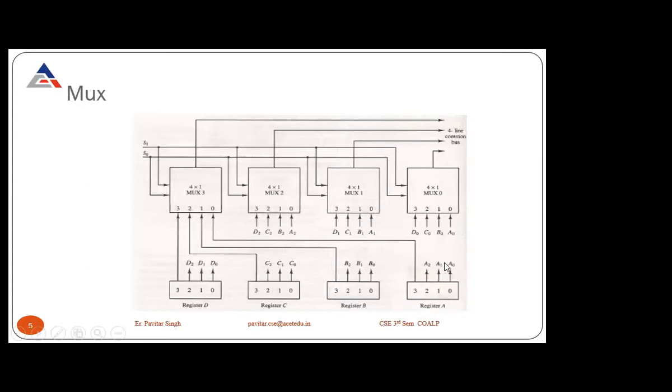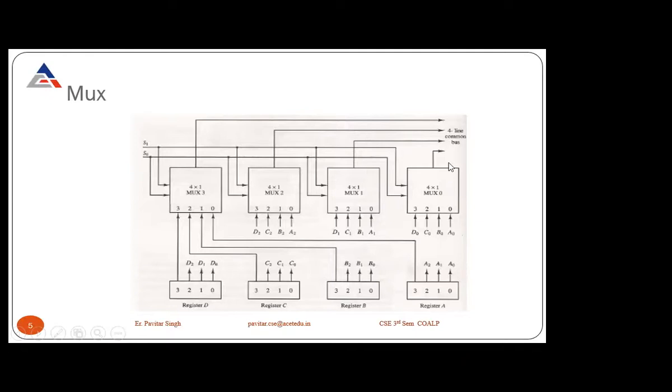Although this A0 node is connected to this, A1 is connected to this, A2 is connected to this, right? And A3 I have already attached with this. I hope the concept is clear. So this is your S1 and S0, two selection lines, right?